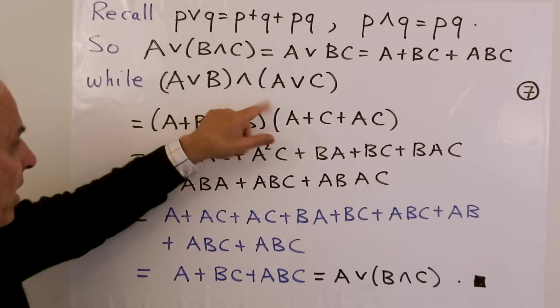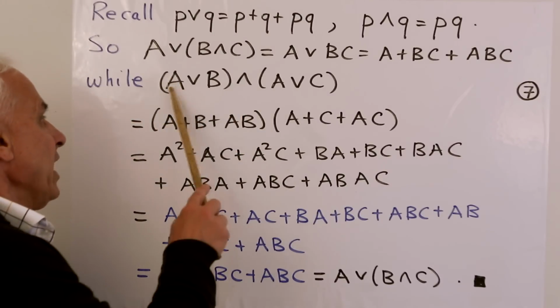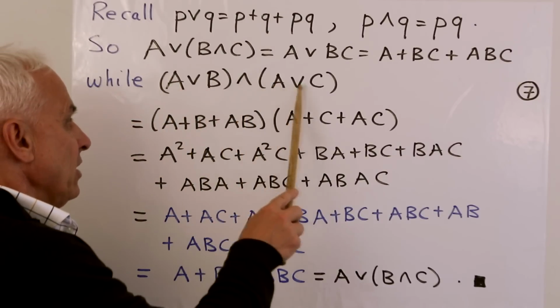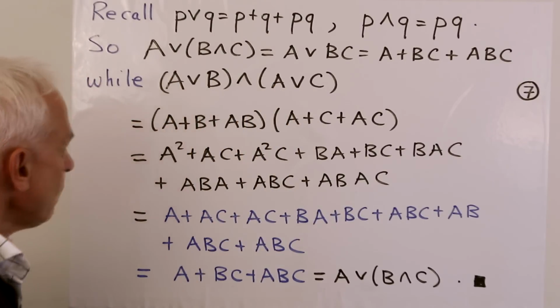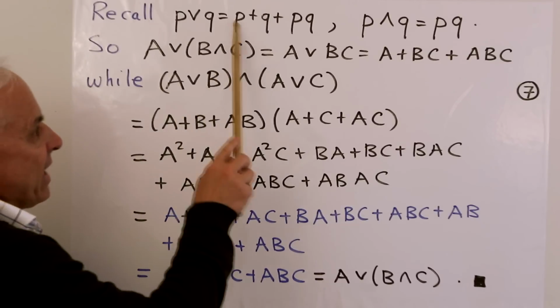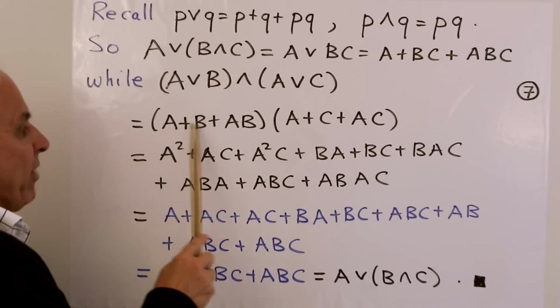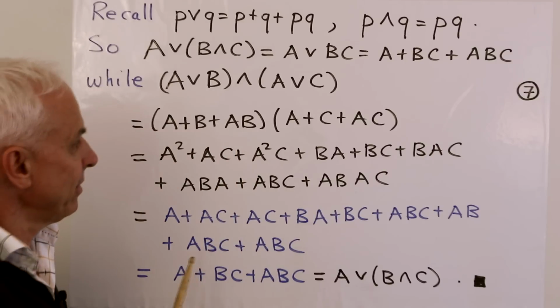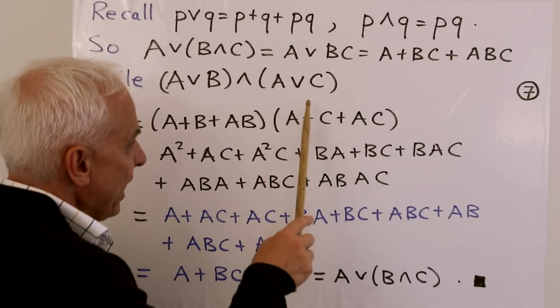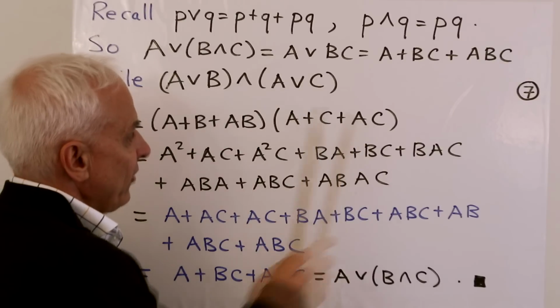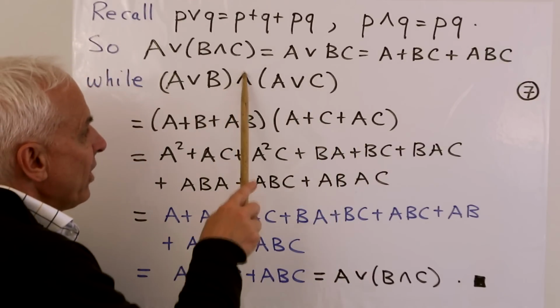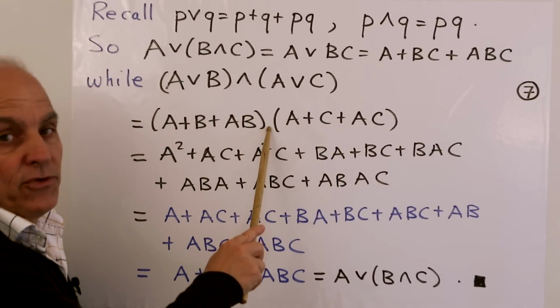Now let's have a look at the right-hand side, which is A union B intersect A union C. A union B, exactly as up here, is in the algebra of Boole A plus B plus AB. And similarly, this is A plus C plus AC. And this intersection is just the product of those two things.